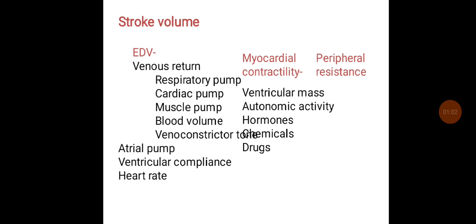Whereas the myocardial contractility depends mainly on the ventricular mass, the autonomic nervous activity, that is sympathetic and parasympathetic, many hormones, chemicals, and drugs. Whereas peripheral resistance mainly depends on the viscosity and also the autonomic activity.